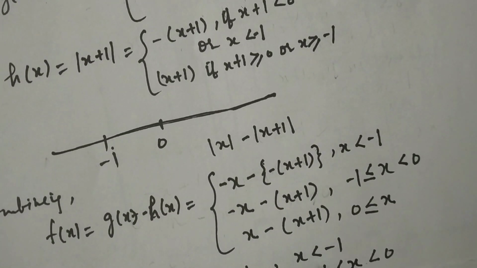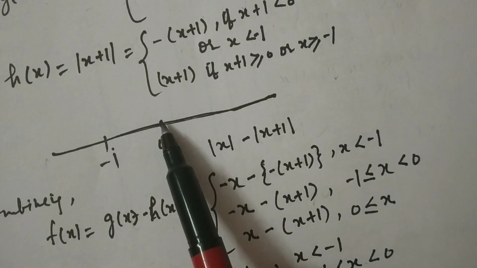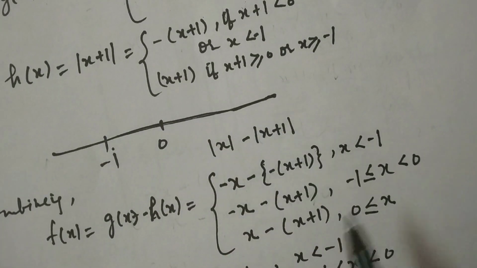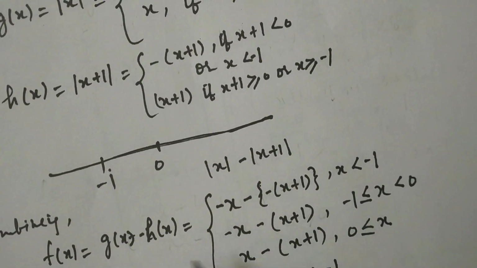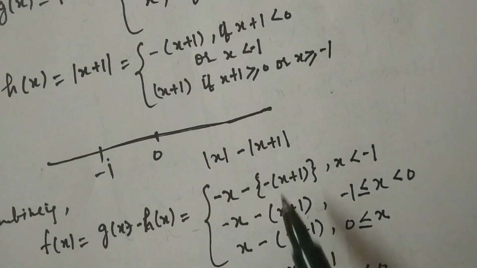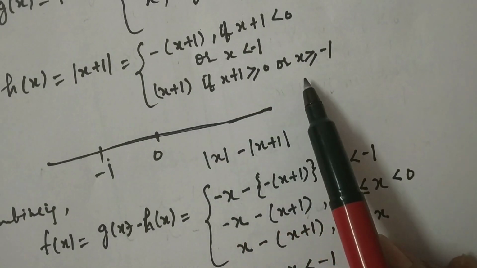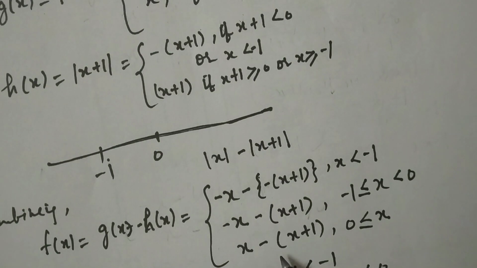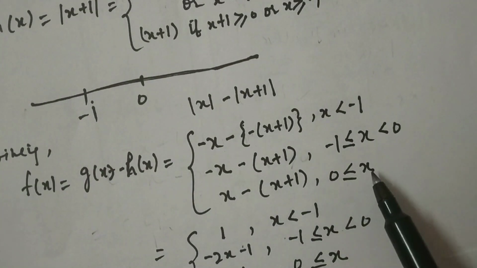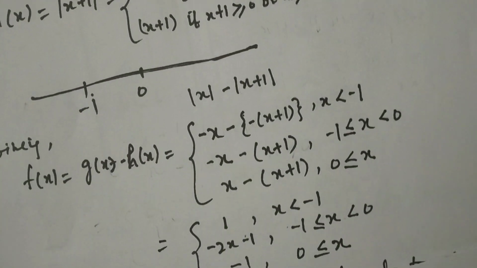Now for the third part, these are the values after 0. For x greater than 0, g(x) gives me x, and after 0 also, h(x) gives me x plus 1. So this is x minus x plus 1 now, for x greater or equal to 0.